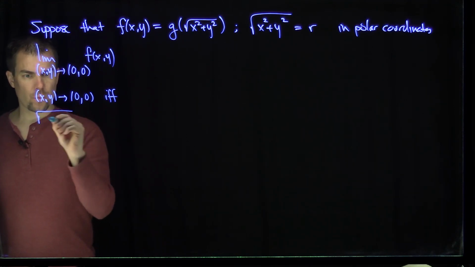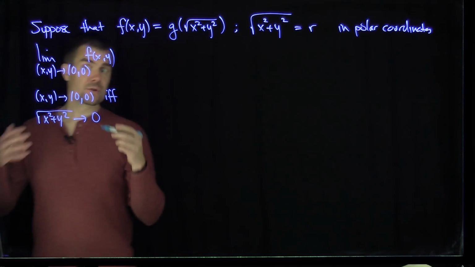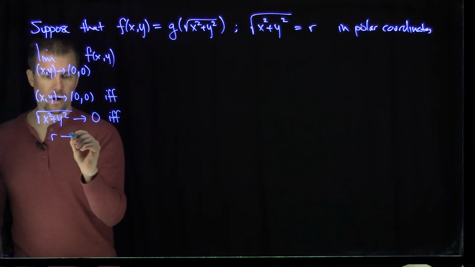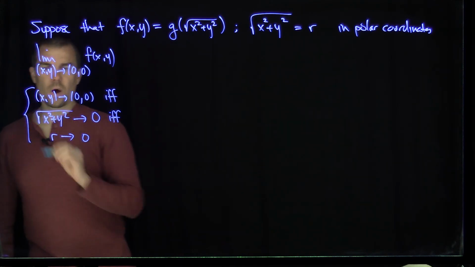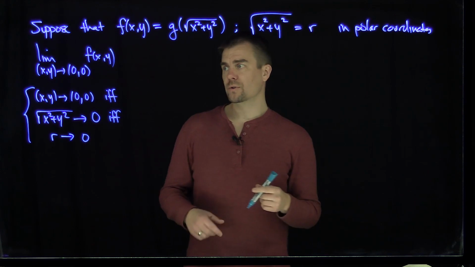If and only if the square root of x squared plus y squared goes to 0. But that is nothing more than just saying that r approaches 0. So the point (x, y) converges to the origin if and only if this radial variable goes to 0.